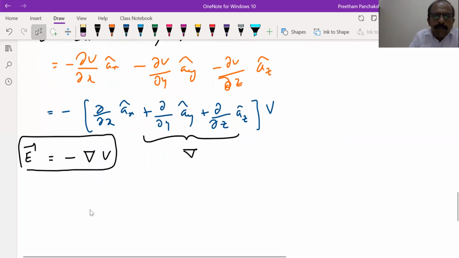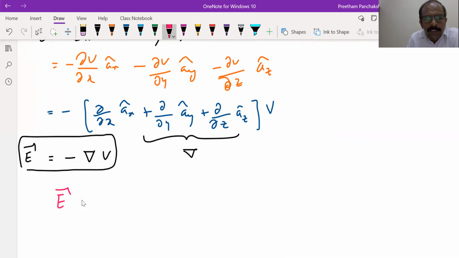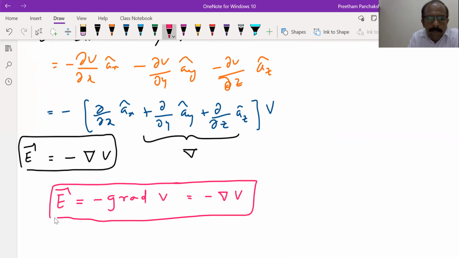So if we combine all the equations we derived, in the very beginning stage we wrote electric field as the gradient of potential, and now we have expressed it as minus del V. So this can be treated as the relation between electric potential and electric field. And this equation also gives the dimension of volts per meter to the electric field.